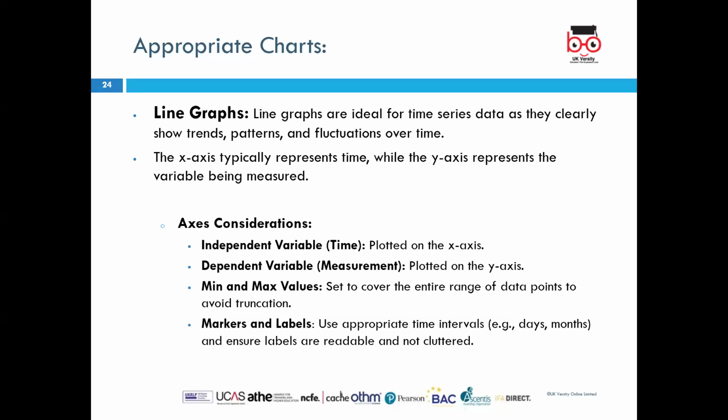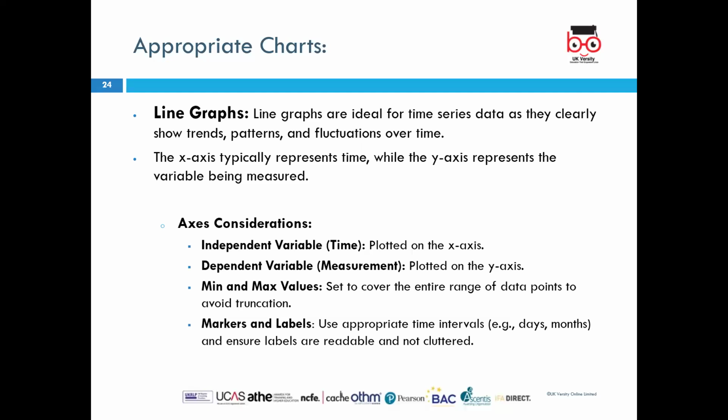A line graph is ideal for time series data, and it clearly shows trends, patterns, and fluctuations over time. The x-axis typically represents time, while the y-axis represents the variable being measured.